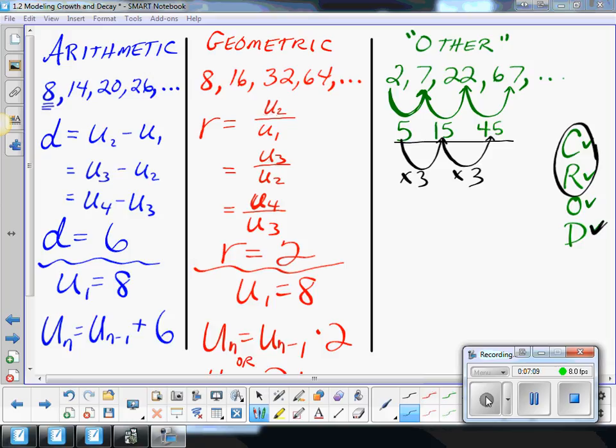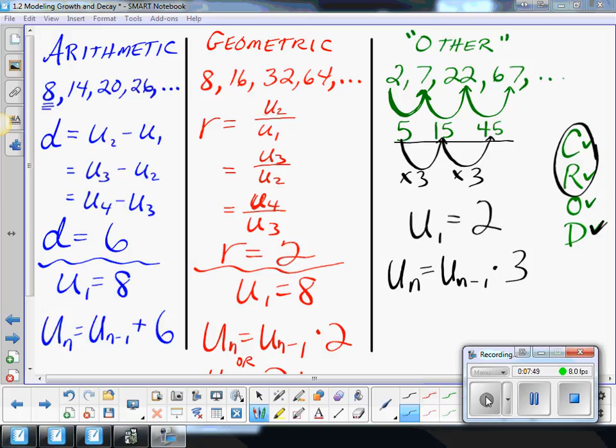You ready? So at this point, you're just going to tell me what the first term was. You're going to act for a minute like it's geometric and it's just times 3. All right? I know that's wrong, but go ahead and start there. So say u1 equals 2. To get to the next term, I know that it involves multiplying by 3. If I stopped there, the answer would be wrong, right? Because 2 times 3 is 6. 7 times 3 is 21. 22 times 3 is 67.